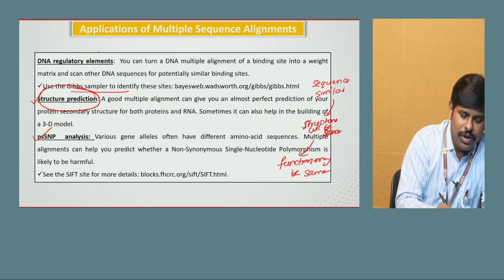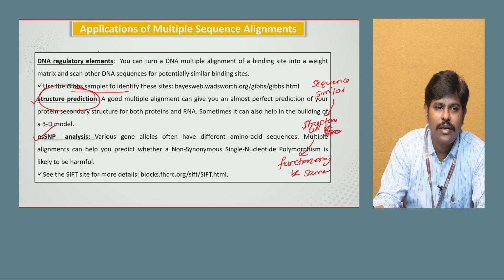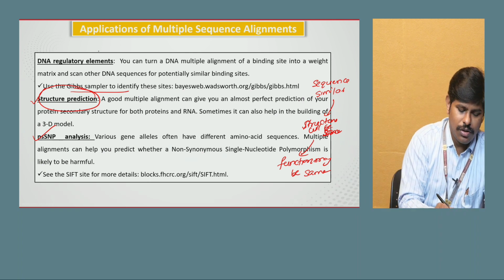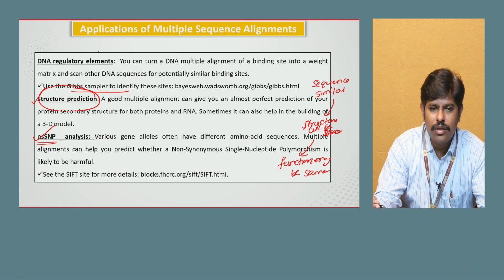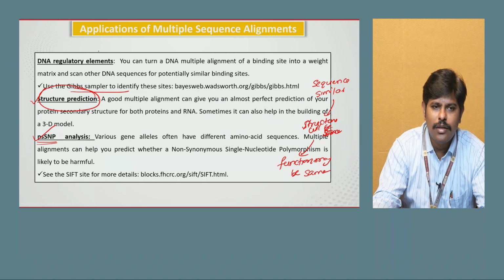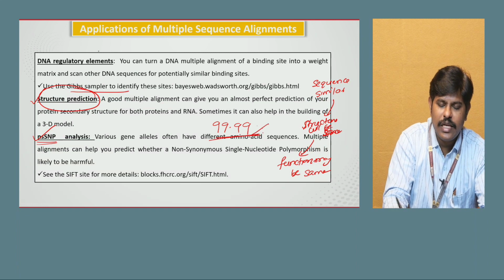Another important and most recently widely used aspect of bioinformatics is SNP analysis, that is single nucleotide polymorphisms, including non-synonymous SNP analysis here. All human beings on this planet Earth are actually 99.999% the same.